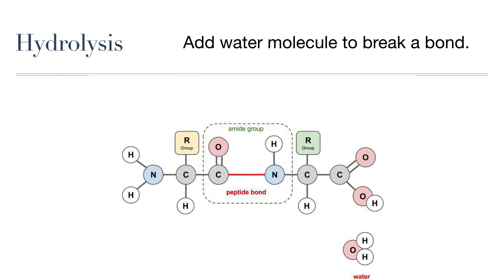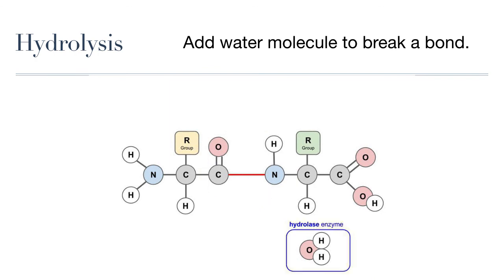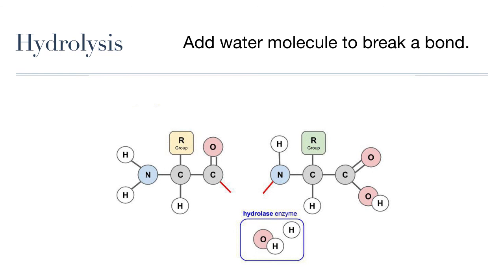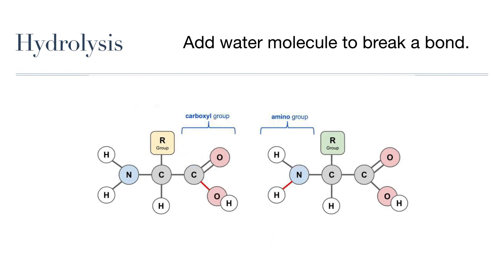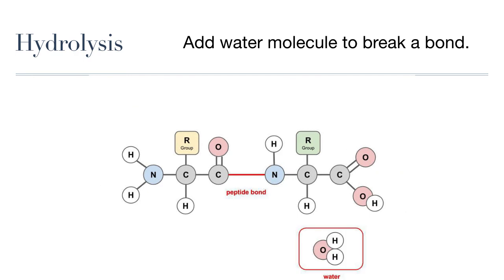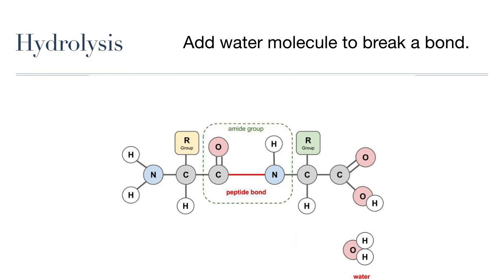And again, we can see the process of hydrolysis being used here to break the bond between two amino acids. Water is added, the carboxyl and the amino groups are reformed, and the bond is broken.